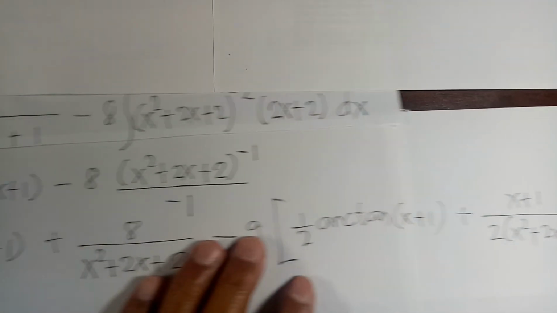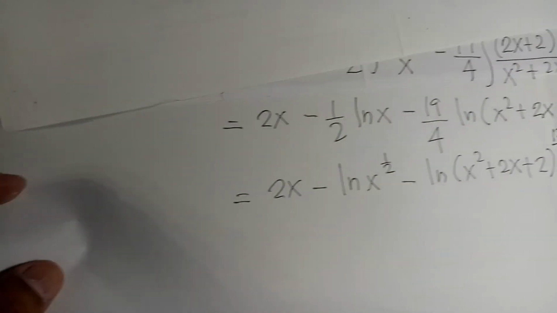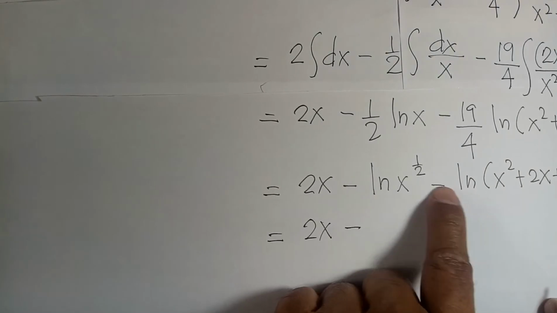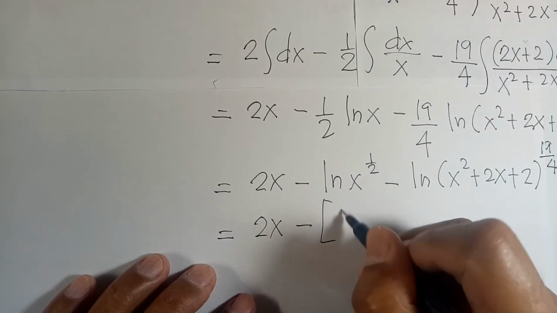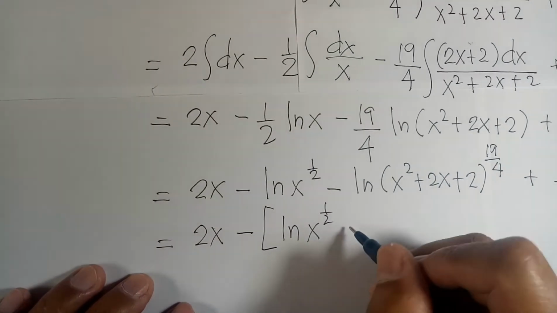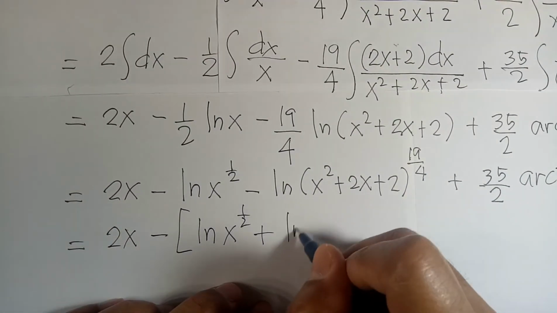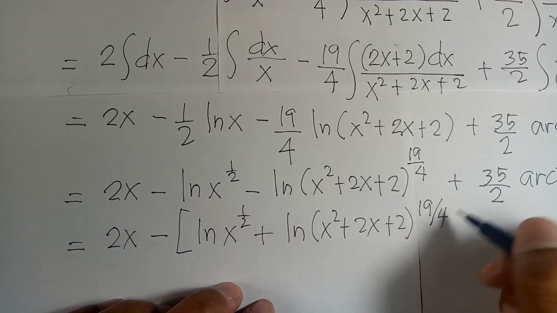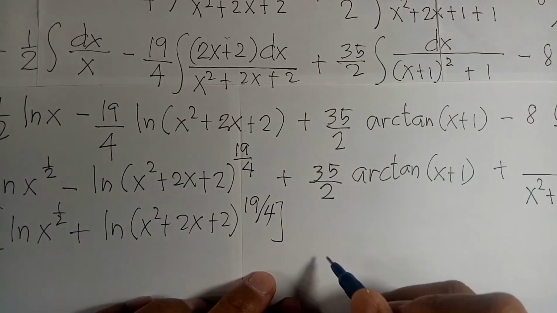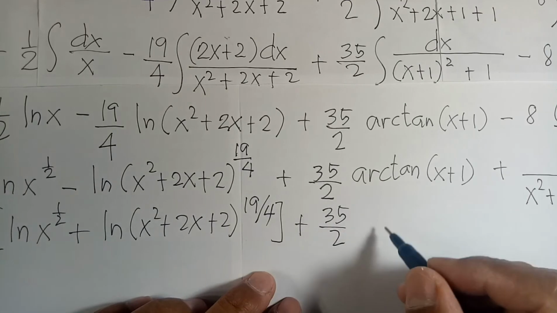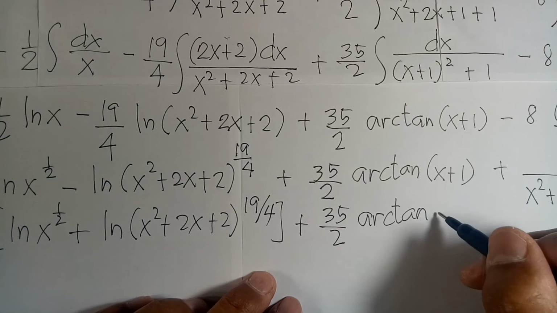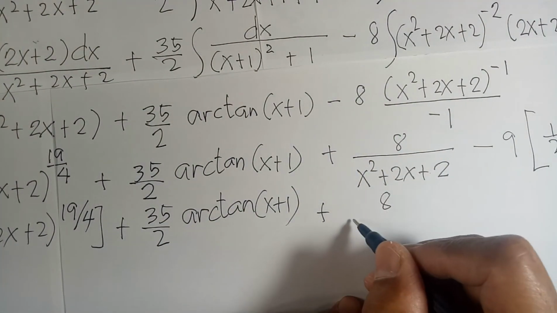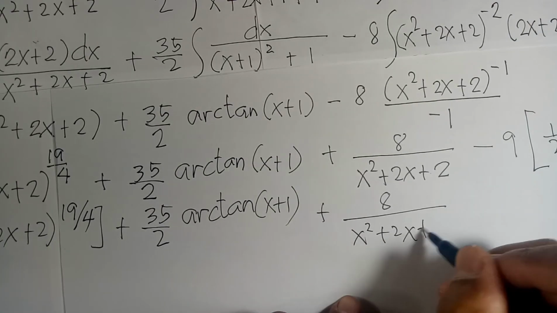Now we multiply the negative 9 inside. So we will have 2x, equals 2x. Here, we bring out the negative, so we have ln of x raised to 1/2, and then plus ln of x squared plus 2x plus 2 raised to 19 over 4, and then plus 35 over 2 arc tangent of x plus 1, and then plus 8 divided by x squared plus 2x plus 2.